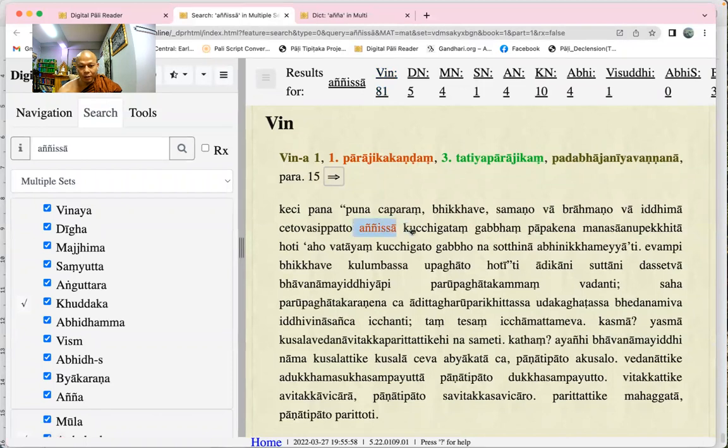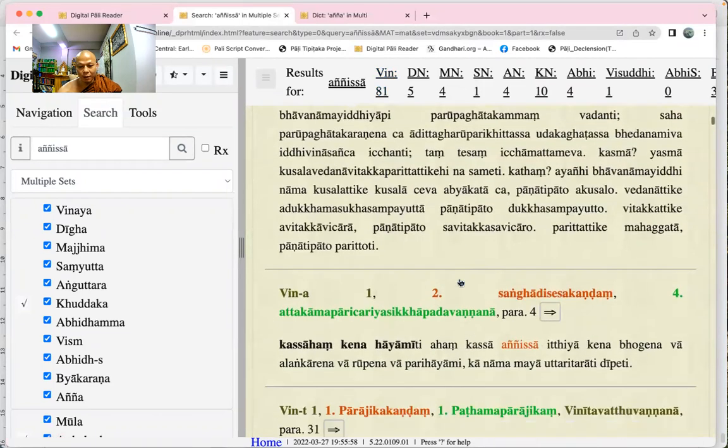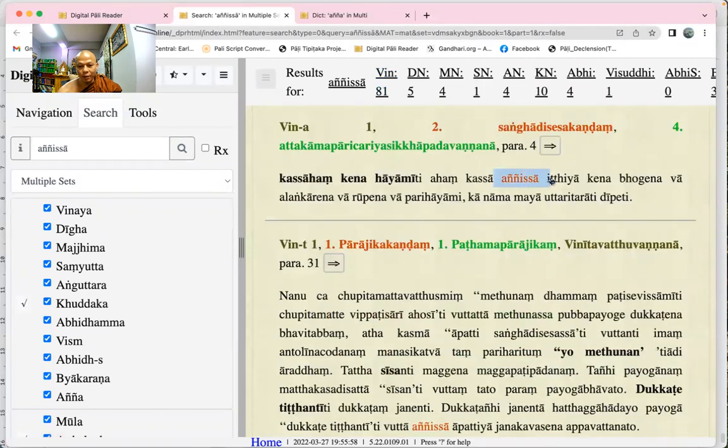Here inyesa, here also inyesa, together with the feminine gender, you see.